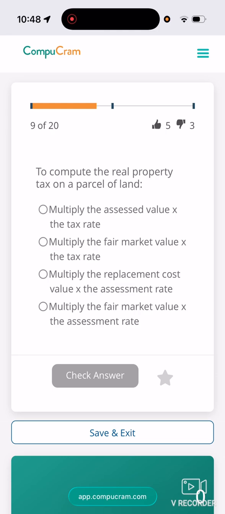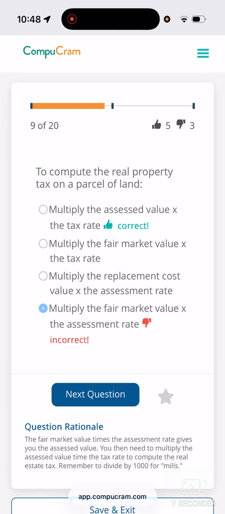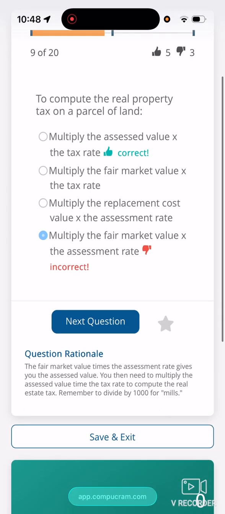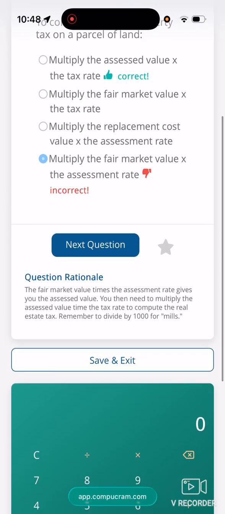I'm not too sure, so I'll just pick D. It's A. Multiply the assessed value times the tax rate. So question rationale: the fair market value times the assessment rate gives you the assessed value. You then need to multiply the assessed value times the tax rate to compute the real estate tax. Remember to divide by 1,000 for mills.